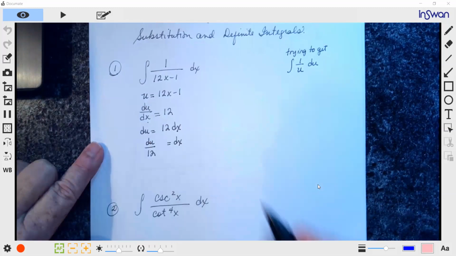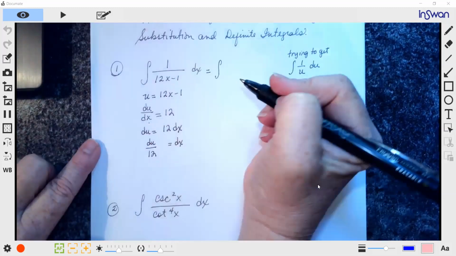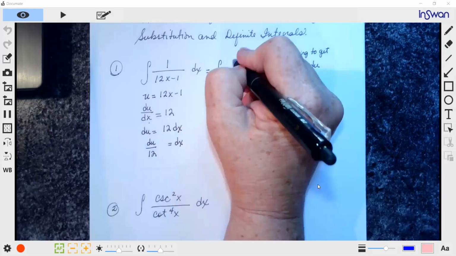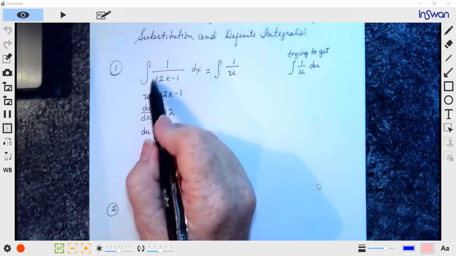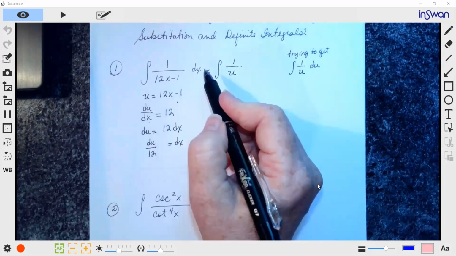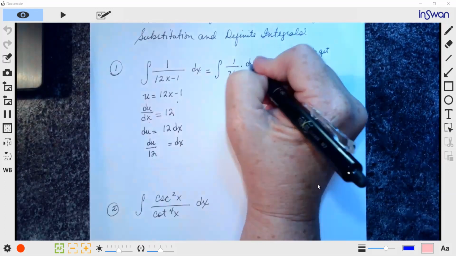When I go back up to my problem and rewrite everything in terms of u, I would get 1 over u, the 12x minus 1 replaced with u, times dx, which is du over 12.